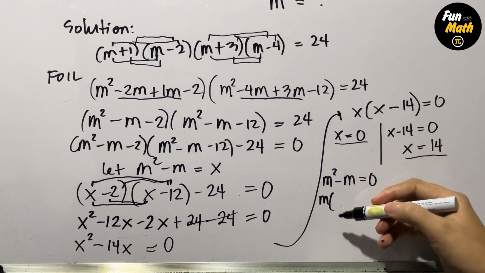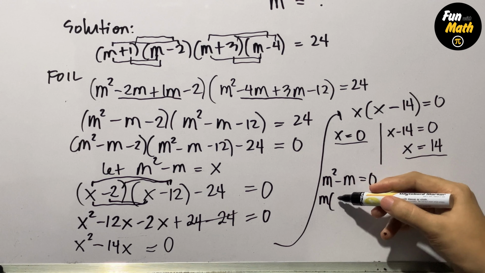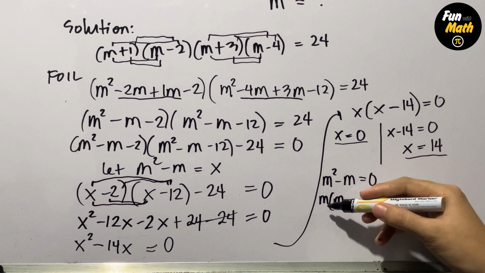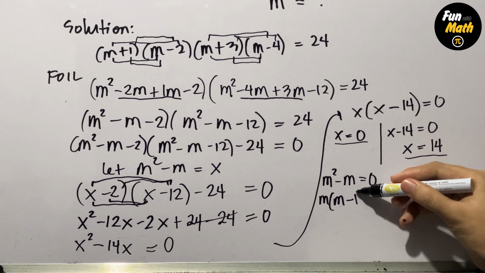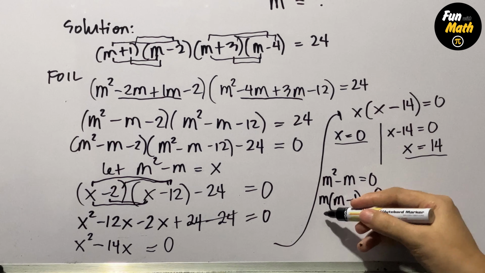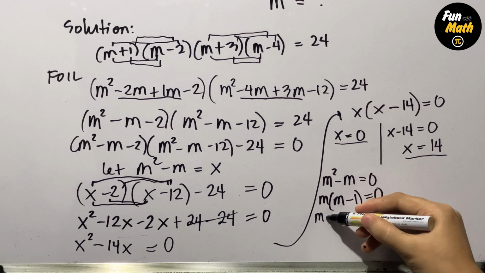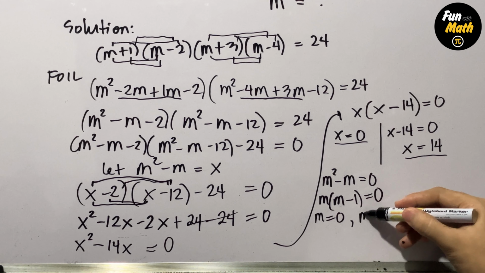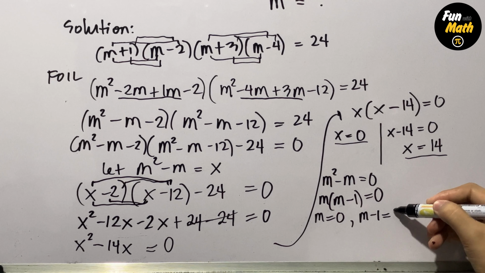So m times, m squared divided by m, we're left with m, minus m divided by m, that is 1. So m times (m minus 1) is equal to 0. And for this, we can equate each factor to 0. So m is equal to 0. The other one is m minus 1 is equal to 0.